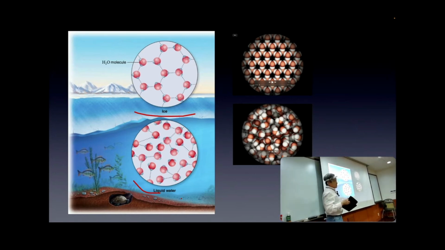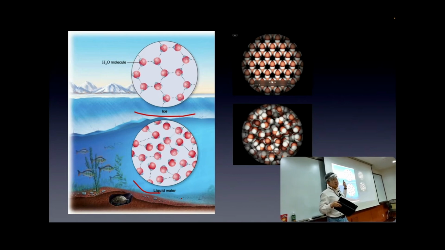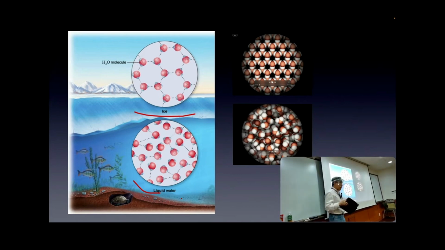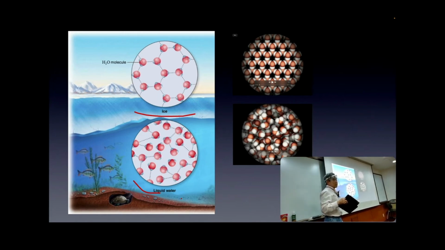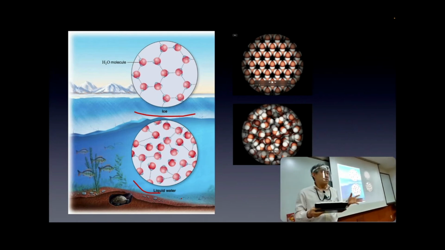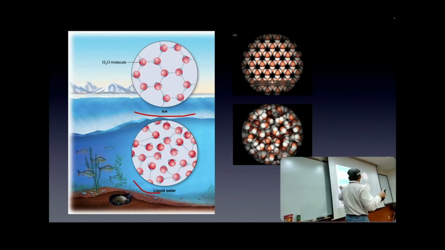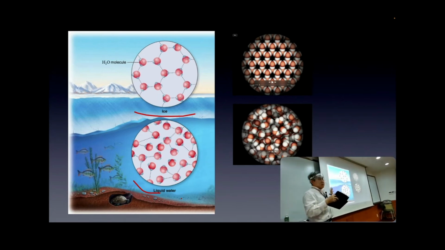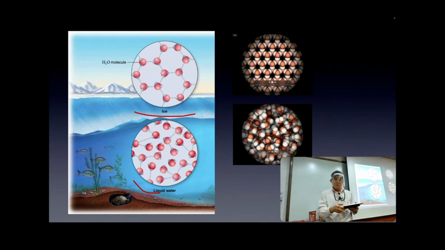But thanks to this water property, life forms underneath the ice can hide and sustain themselves until better times come, until the spring. So that's a very significant contribution to maintaining life. This is the particular property of water.